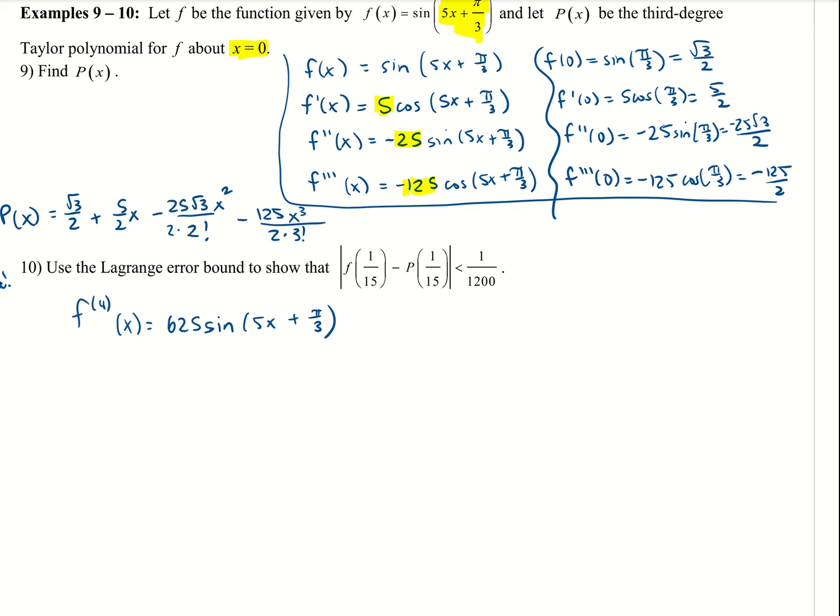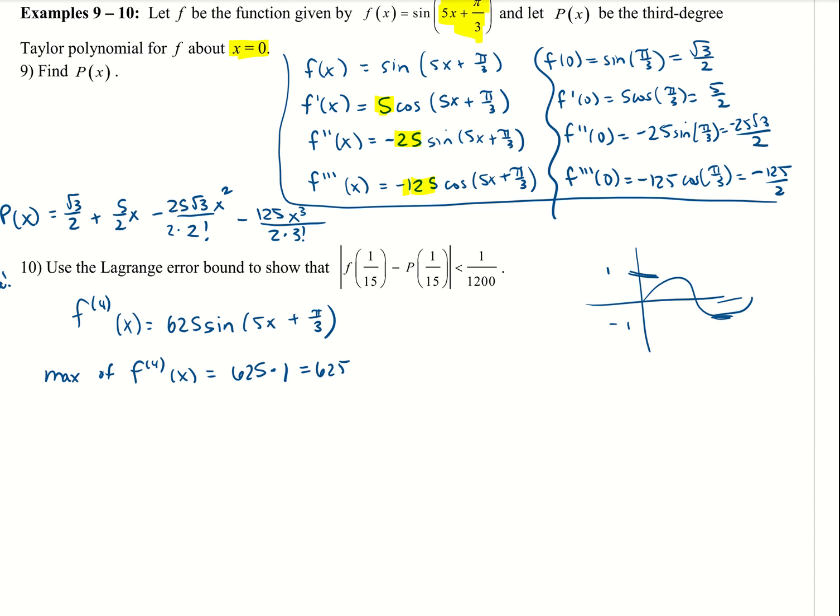What is the most that sine could be? Well, if we think about the sine curve, the most that sine could ever be is 1, and the least it could ever be is -1. We're not going to be more than that. And then this has this multiplier 625. So what I know is that the max of my fourth derivative of x is going to be 625 times 1, or 625. This is the most that my fourth derivative could be.